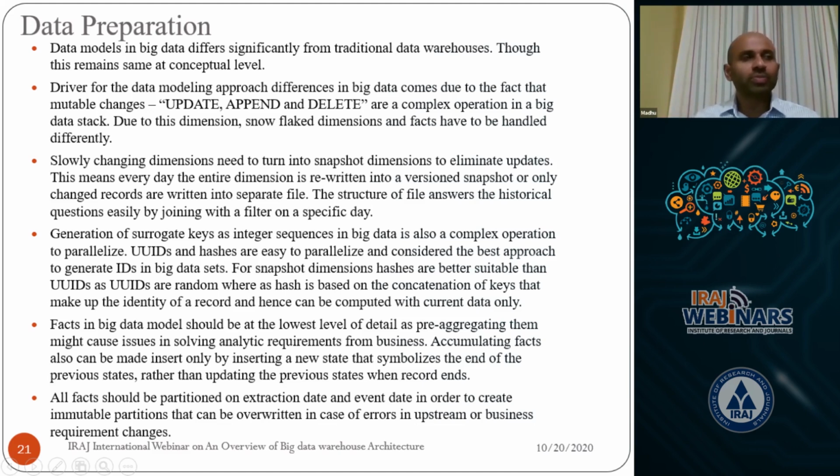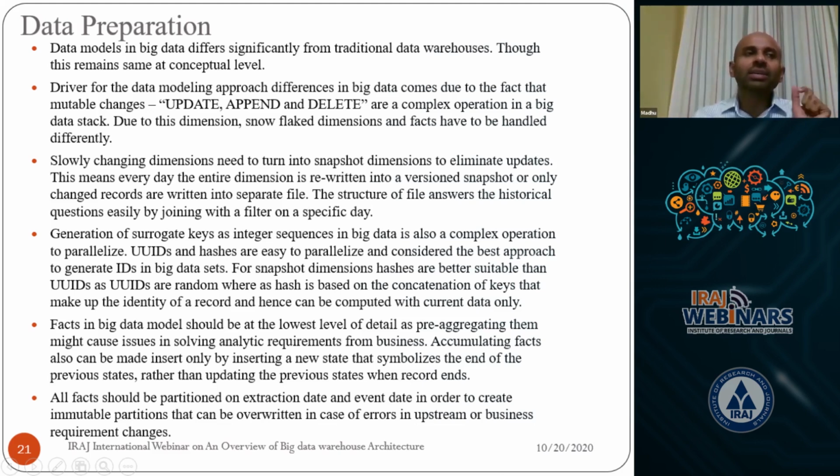That's what you do. Now coming back to the keys, the generation of surrogate keys, because the integer sequence is a very complex operation. So instead of integers, you use the concept of UUIDs or hashes, which allows you to provide similar functionality as the surrogate key integer functionality.